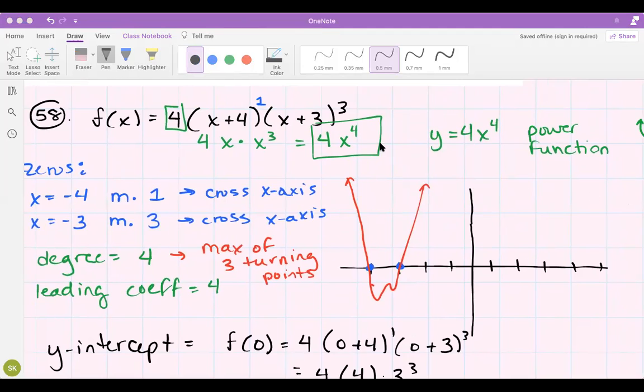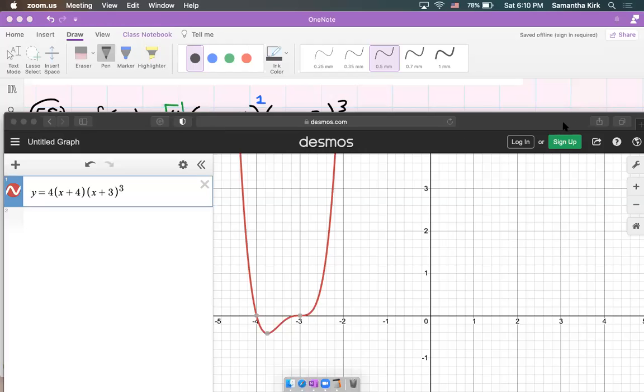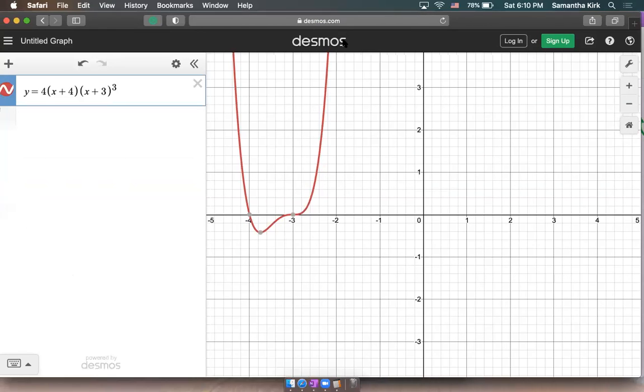I'm going to zoom in a little bit, and now I'm going to share my screen. So what you should see is a graph of this function, 4x plus 4, x plus 3 cubed.